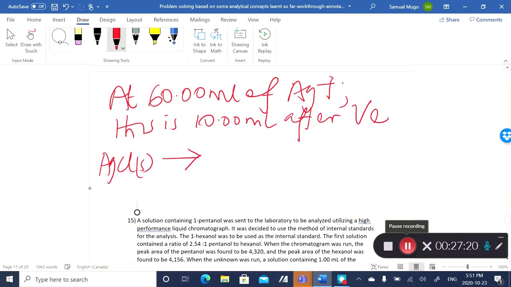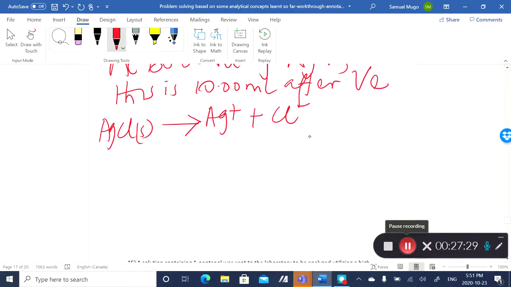Of course, we know at the equivalence volume, that's the reaction that was taking place, the dissociation of salt. But in this case, we are adding silver to the salt after the equivalence volume.